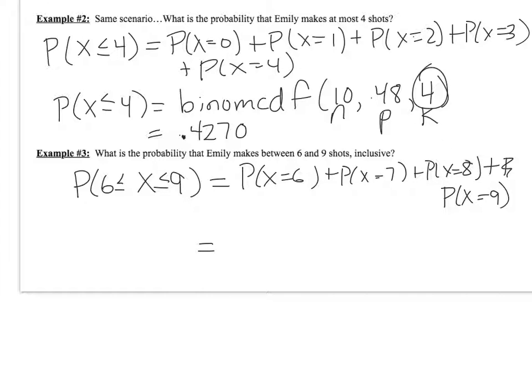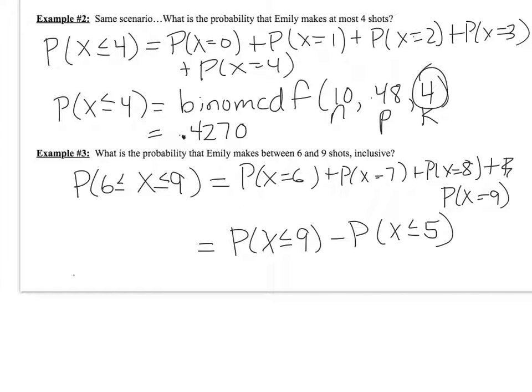So we're going to take everything up to 9 and subtract off everything below 6. Well, everything below 6 is less than or equal to 5. Remember, the outcomes here are discrete because you can't make 5.5, 6 1/4 shots. You're only going to make 5 shots or 6 shots, nothing in between.